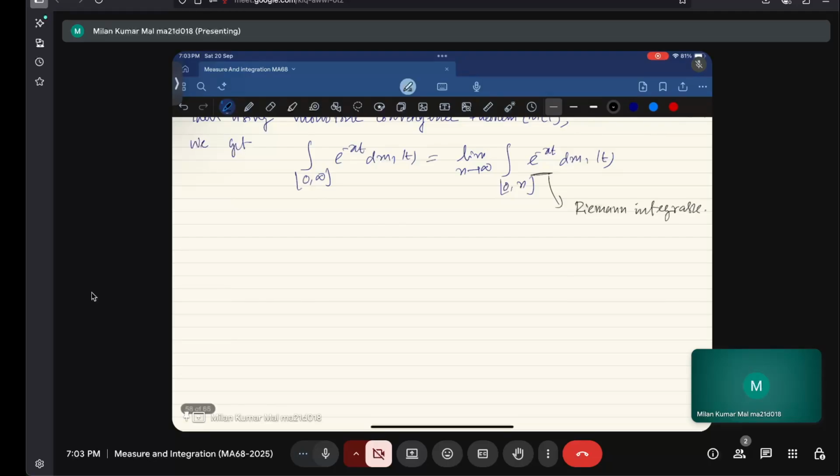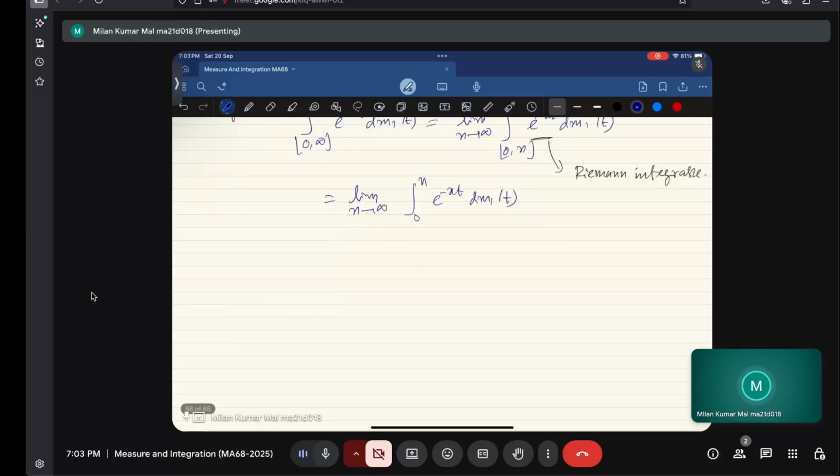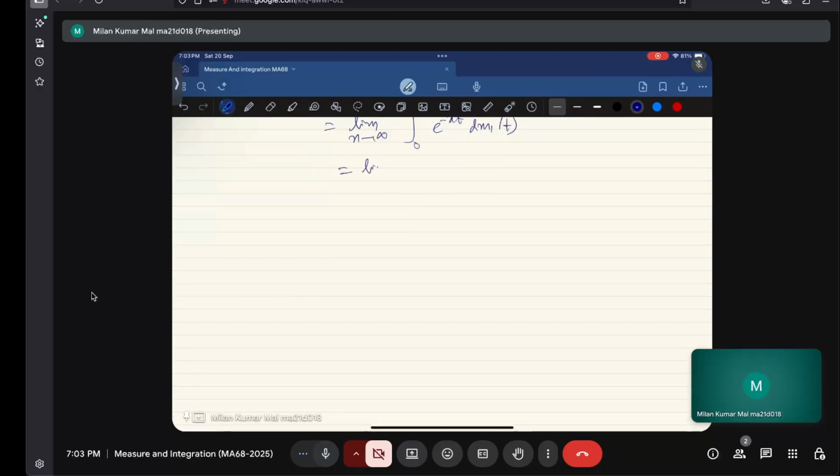So this gives limit n tends to infinity, 0 to n e to the power minus xt dm1t, right? So now this can be written as limit n tends to infinity e to the power minus xt by minus x, from 0 to n. This can be written as dt only.